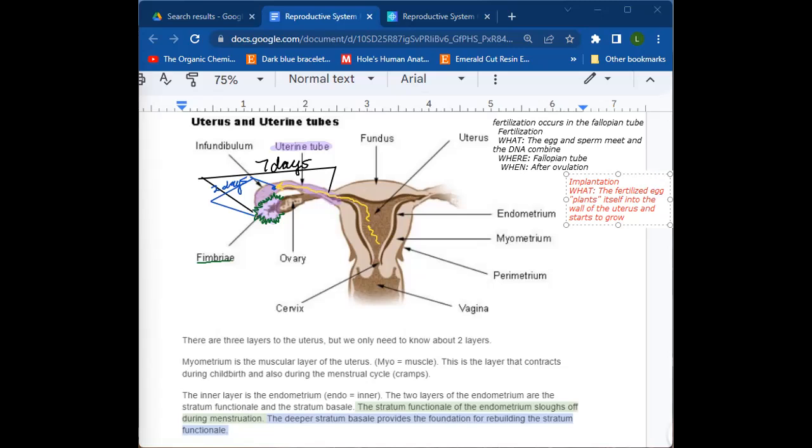In a similar way, the fertilized egg drifts through the uterus, and when it lands on the endometrium, it starts to grow its own roots and embed itself into the uterus. That's implantation. And where? We definitely need to know the endometrium of the uterus. And the when would be after fertilization.